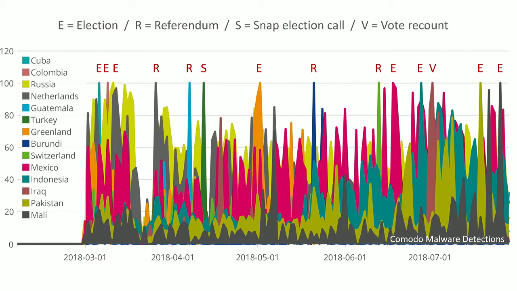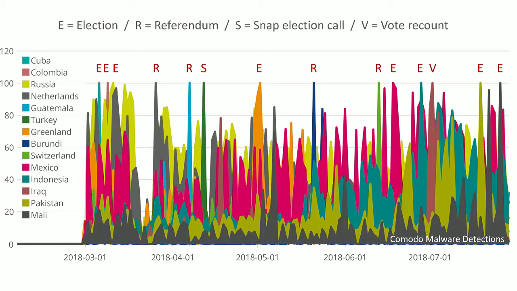And then I'm left with this many. I think there might be 14 or something here. In any case, it's about 30%. That's a very high threshold, but about 30% of the countries, their national election event basically coincided with the highest malware detection rate for the entire period. And so I think that's really significant.